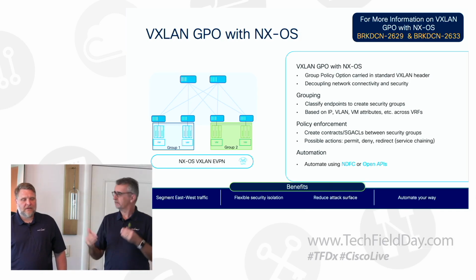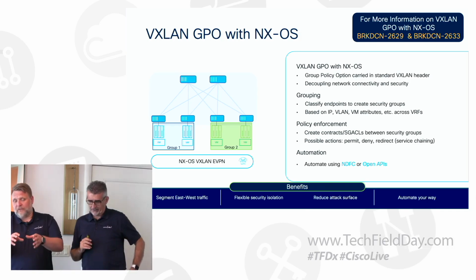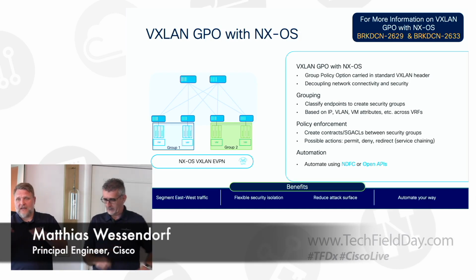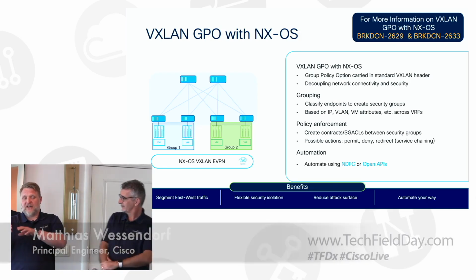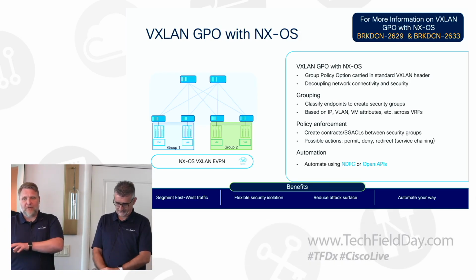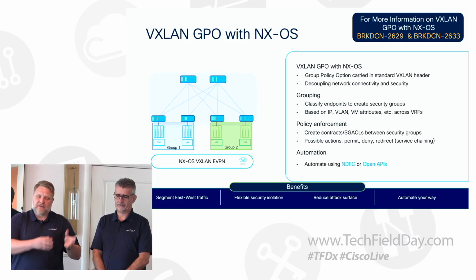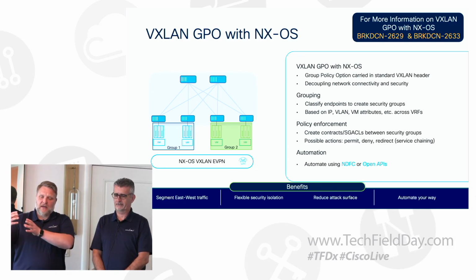Okay, so one thing which is super crucial to this is that from the beginning, we started to decouple the forwarding from the policy, right? Because in ACI, the forwarding and the policy are coupled. EPG is my endpoint group where I create the contract, right? And now what Max was saying is that the ESGs or the GPO work across the forwarding, just defining the policy, carrying the identity through the network and reacting on it.